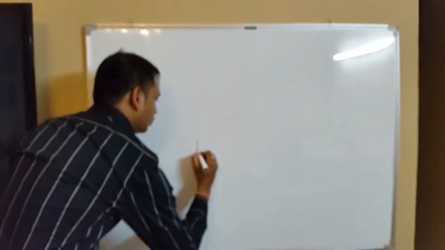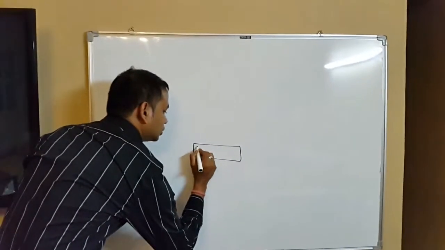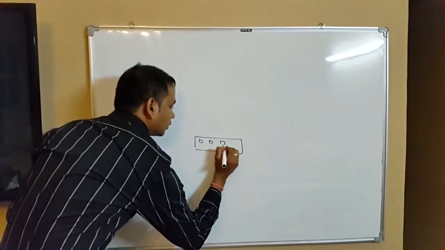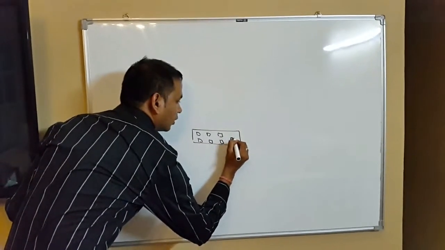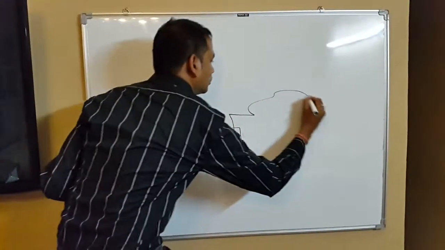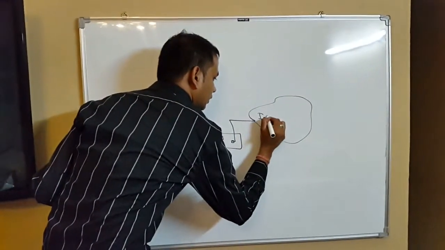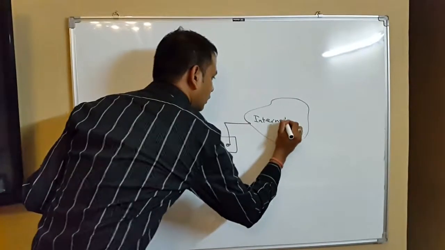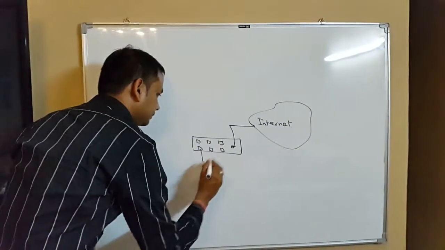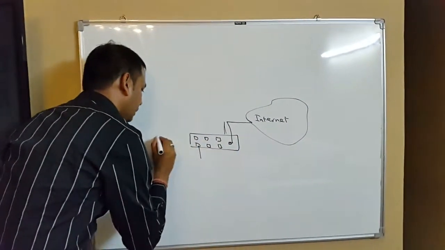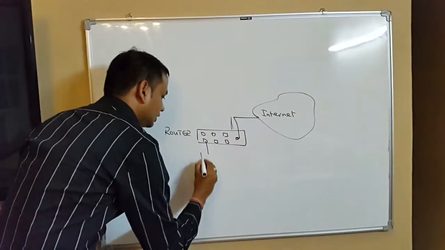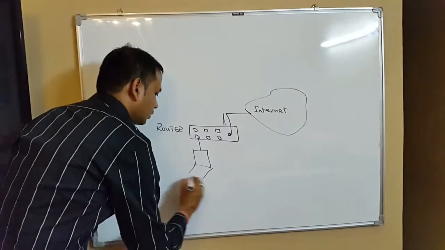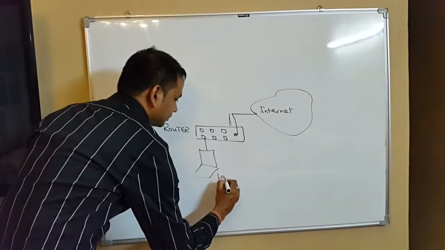That's my small router with the inbuilt switch. That's my small port for the phone line, which goes to the internet. I have one PC here. I have, for example, a laptop here.